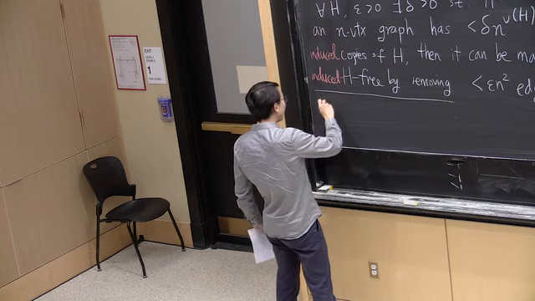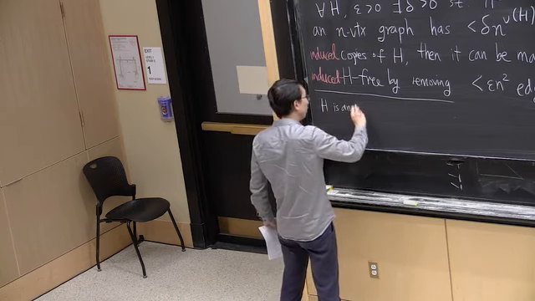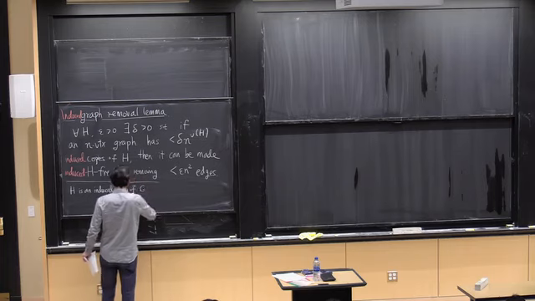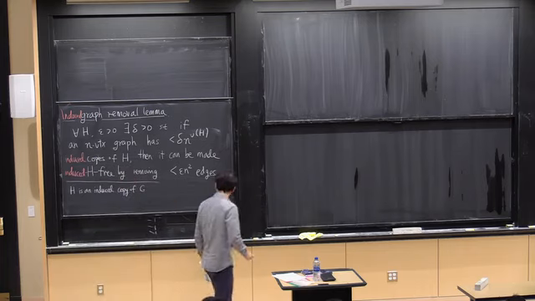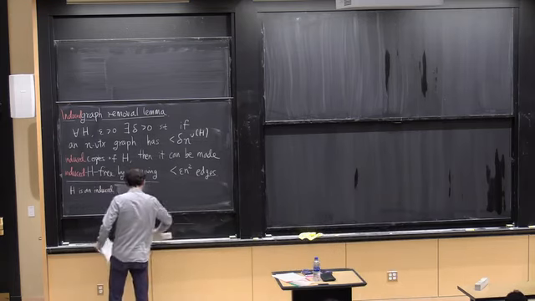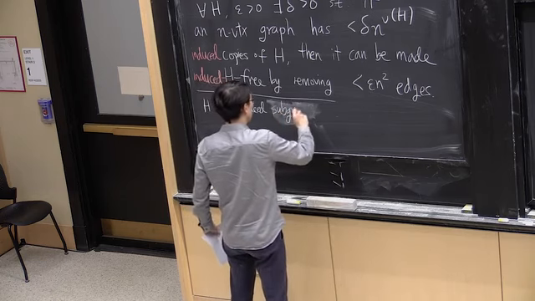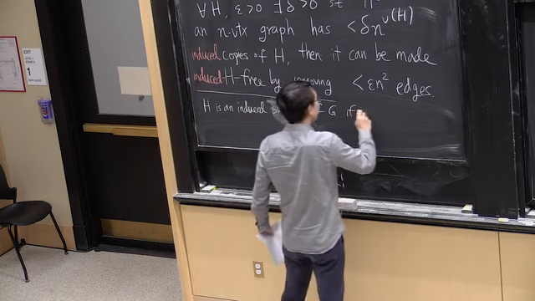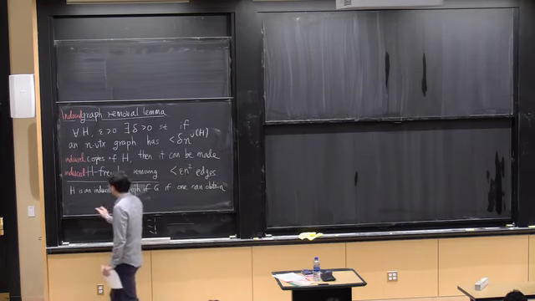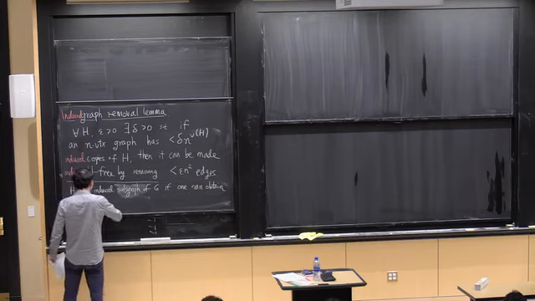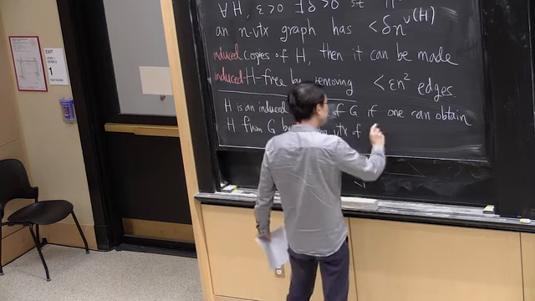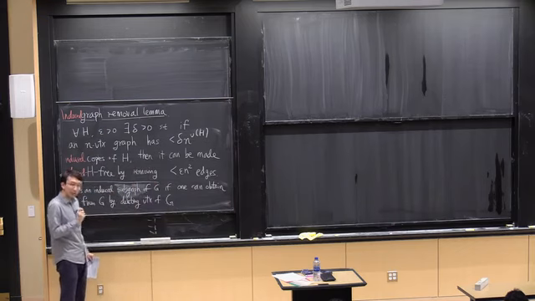We say that H is an induced subgraph of G if one can obtain H from G by deleting vertices of G. So you're not allowed to delete edges, only vertices.